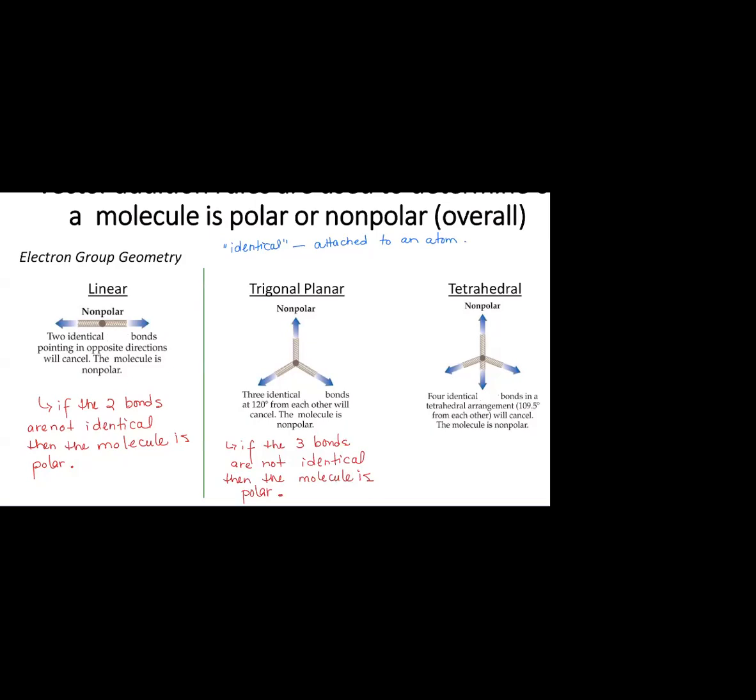Let's look at the tetrahedral. For tetrahedral, remember, tetrahedrals have 4 electron groups. Those 4 electron groups need to be identical. If they are, then the molecule is nonpolar.